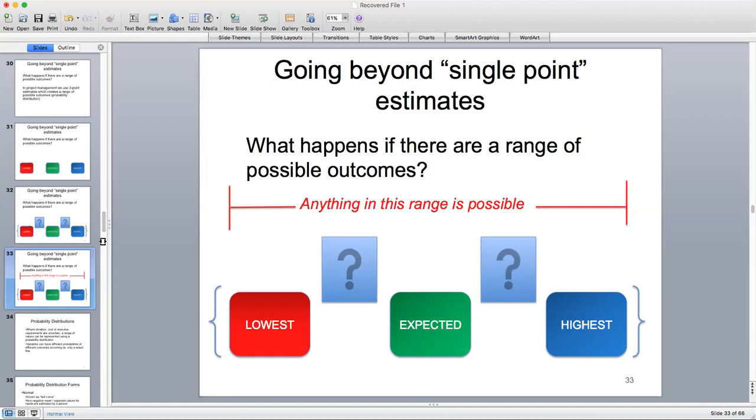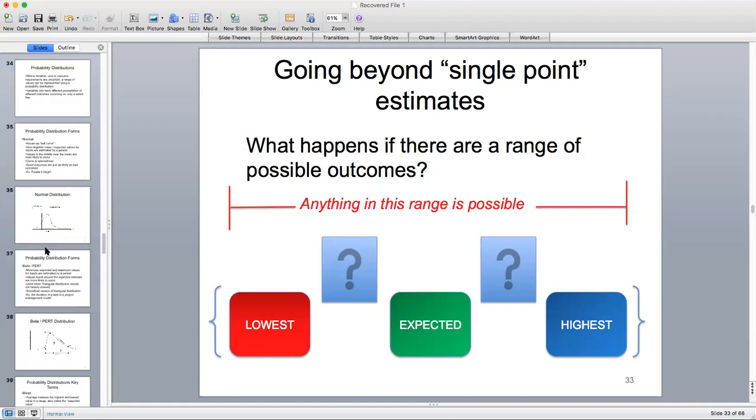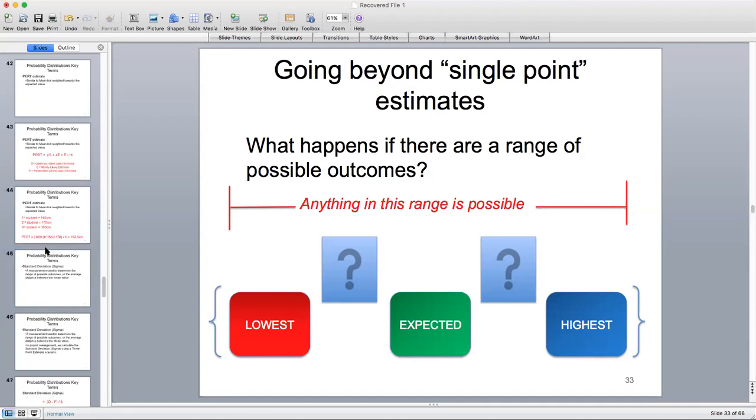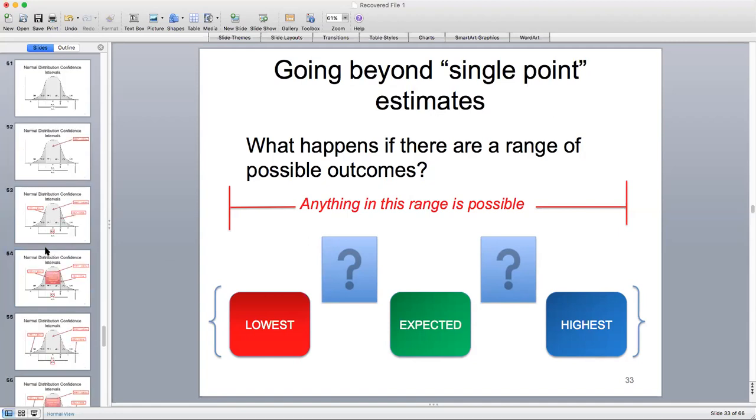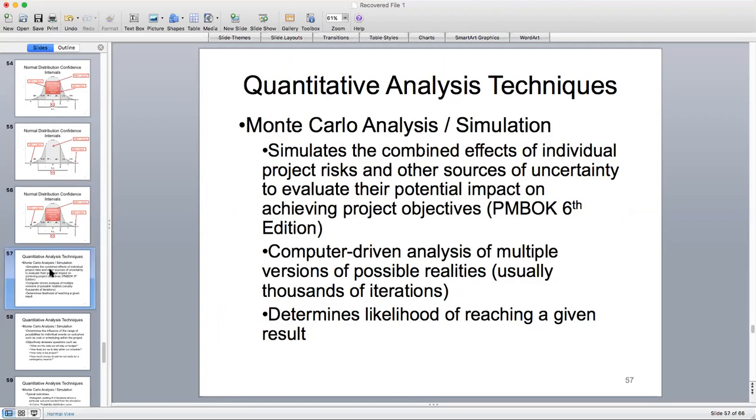It calculates a variety of different statistical measures, and it will give you something called an S-curve, histogram, tornado diagram, sensitivity analysis, many different features of Monte Carlo simulation which can be interpreted.